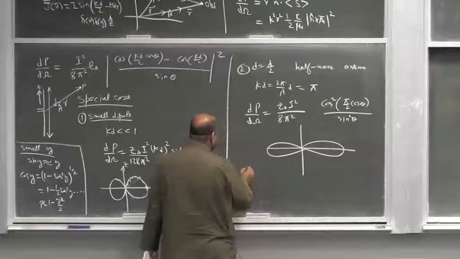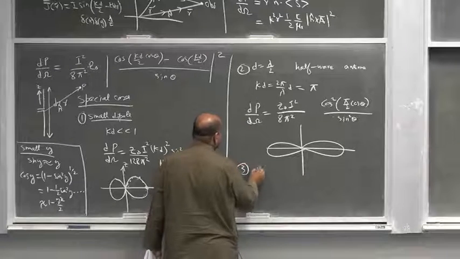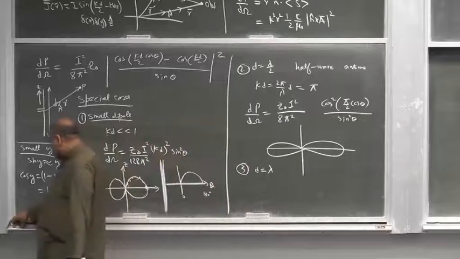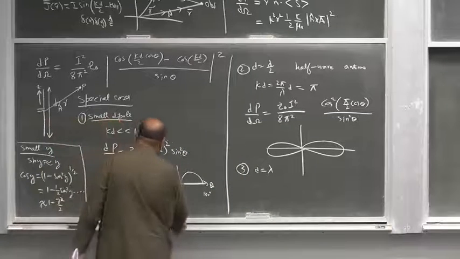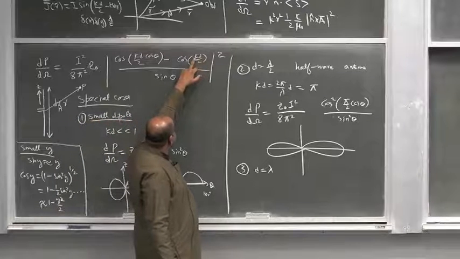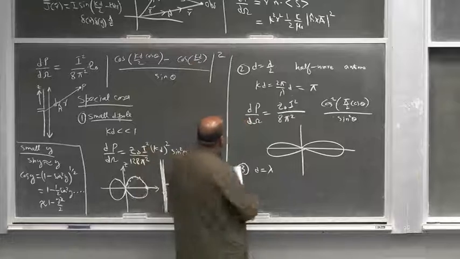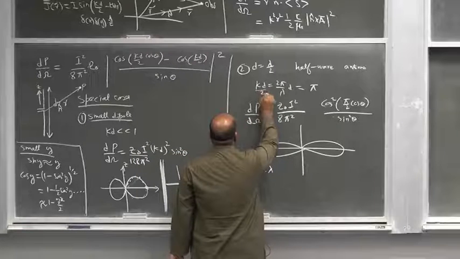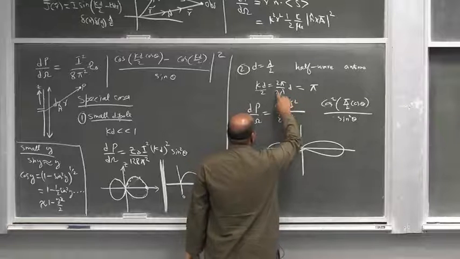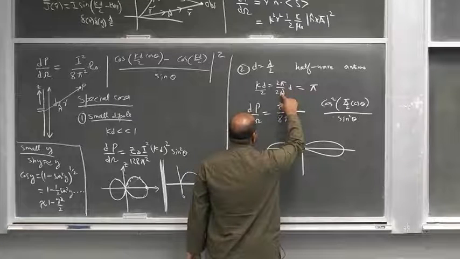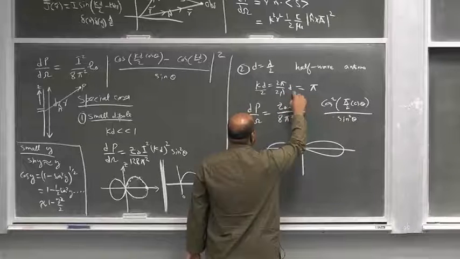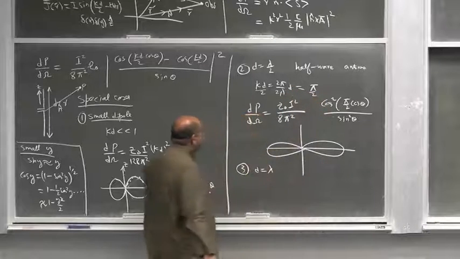You can take another case, let's say D is equal to lambda, when it's called a full wave antenna. When D is lambda, sorry, I didn't put this 2 here. So this is lambda by 2, this becomes pi by 2. So this is actually even easier.